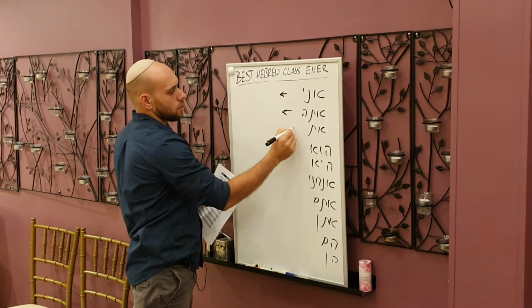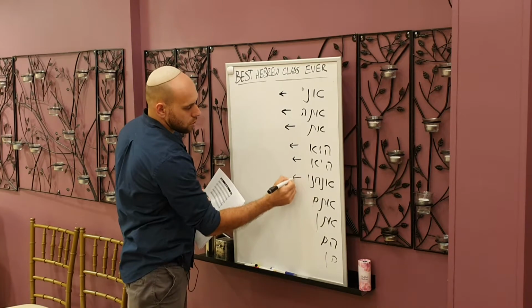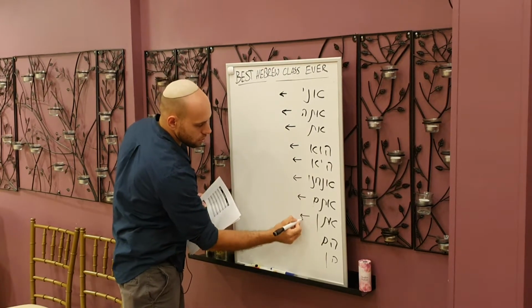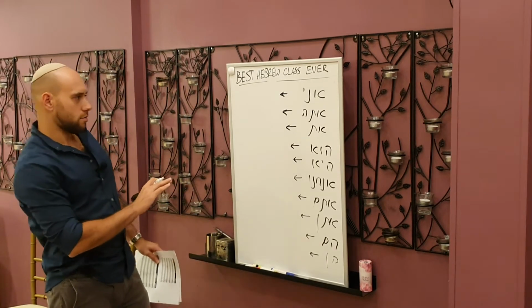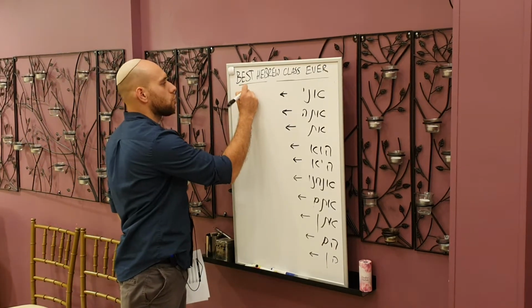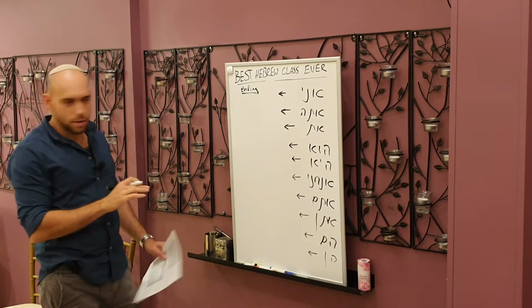I'm going to use arrows. No, in this case, I'm just showing you the ending. This is just the ending that corresponds. What do I mean by ending? You'll see what I mean in a second.